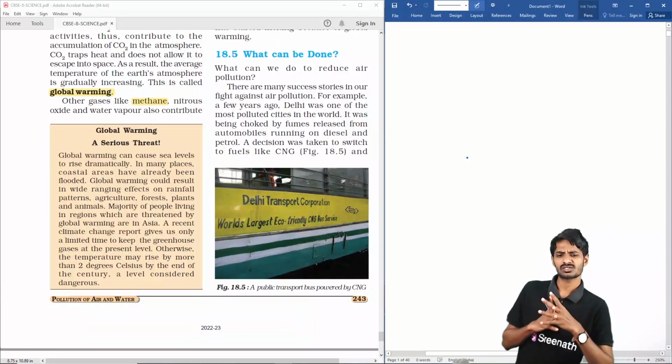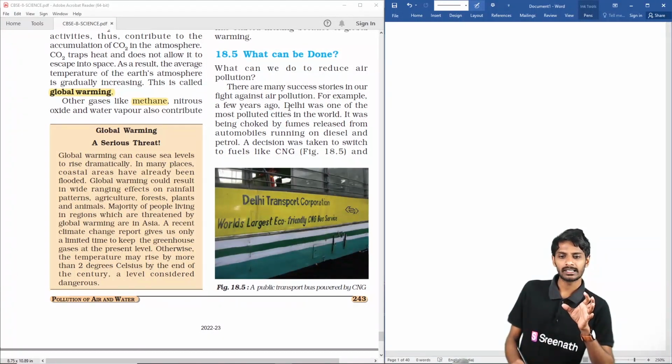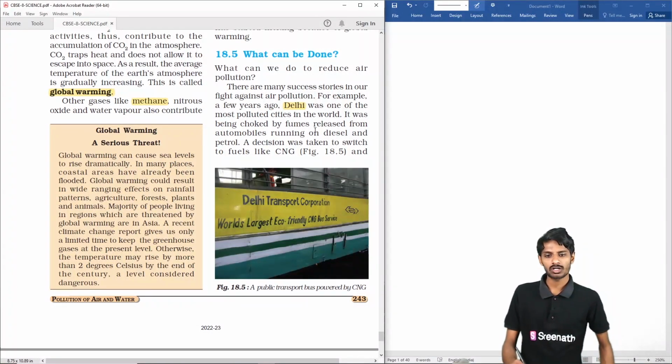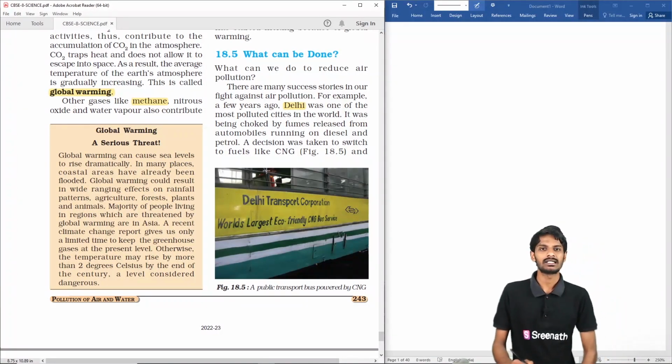There are many success stories in the fight against air pollution, students. Delhi was once the most polluted city in the world, choked by fumes released from automobiles and industries, diesel and petrol.